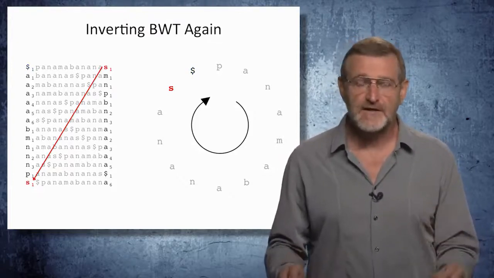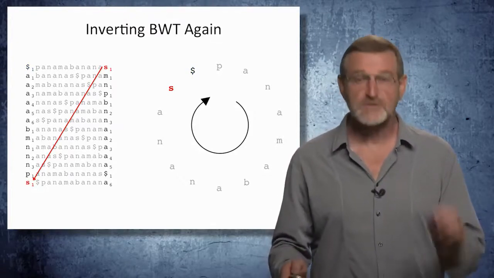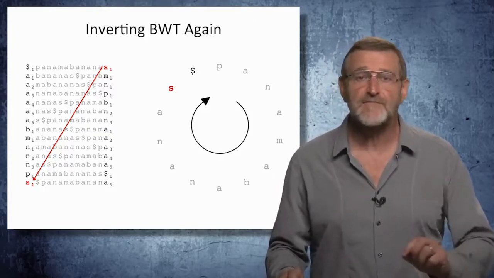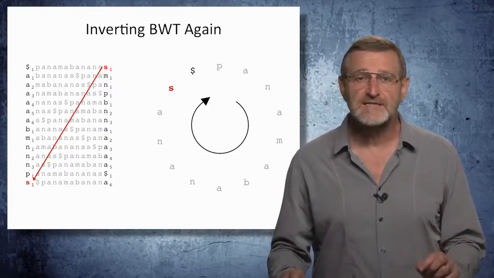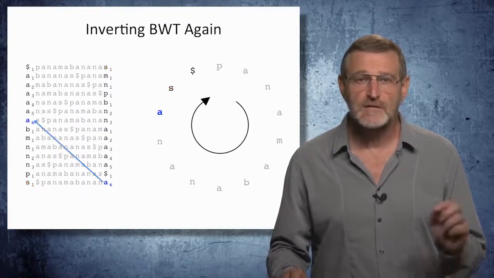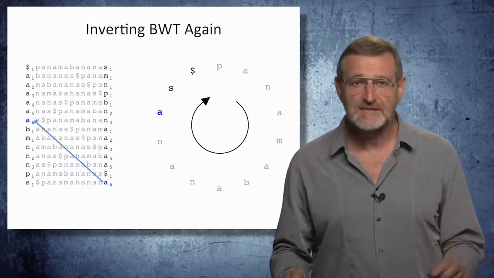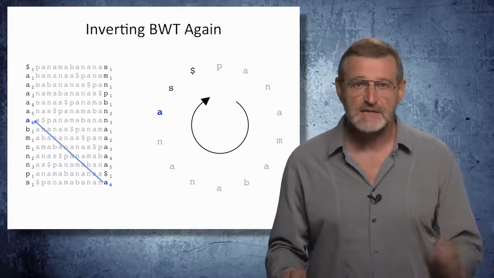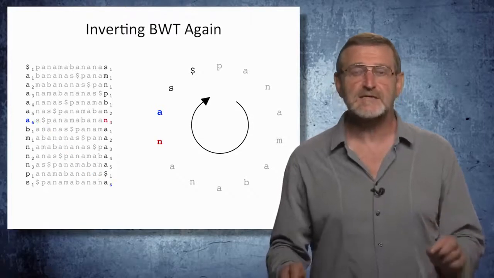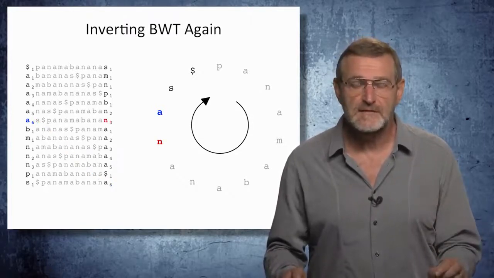And $1 in the first column corresponds to A6 in the last column. So let's move there, and we know where A6 is located in the first column, so let's move to this position of A6. A6 in the first column corresponds to N3 in the last column.